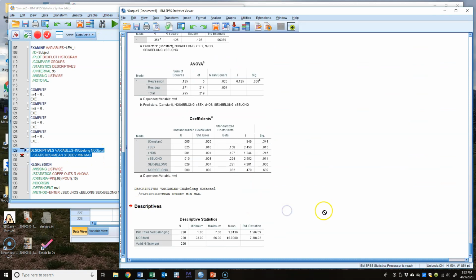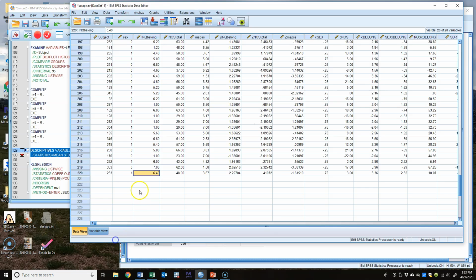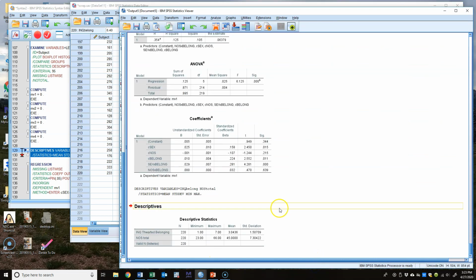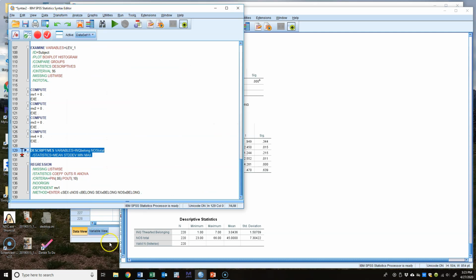My average belonging score is 3, and this person has a 6.4, so I've got a combination of being male, really high feelings of alienation, and then something about the interaction of sex and belonging is also contributing to this registering as a high leverage value.